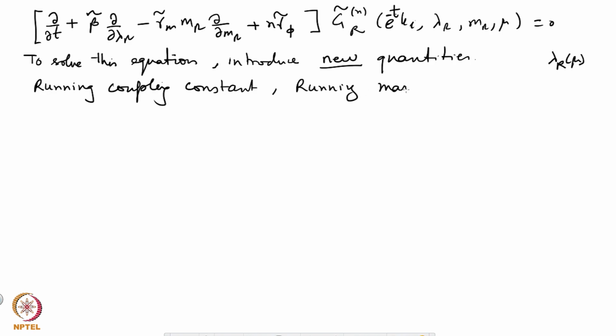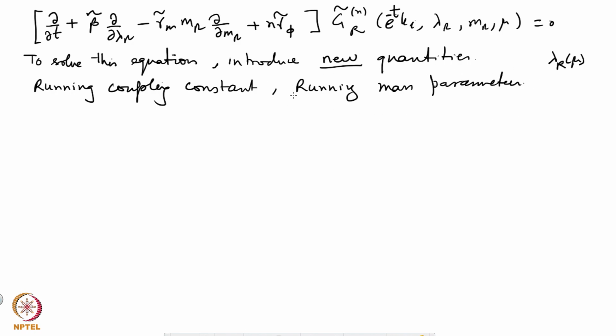Another thing will be running mass, or running mass parameter. Just like mr, this is also not a physical mass, because mr is not physical. The physical mass is obtained by the pole of the propagator, as we have seen, and how to get the physical mass in terms of renormalized mass and renormalized coupling constant.